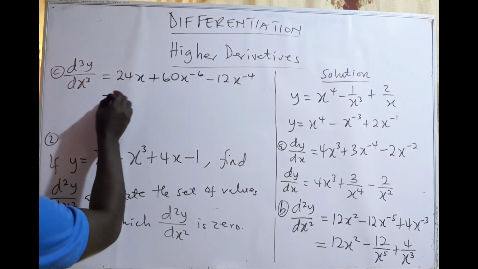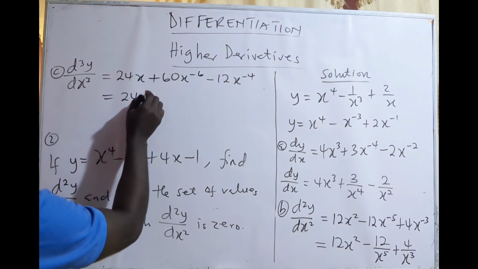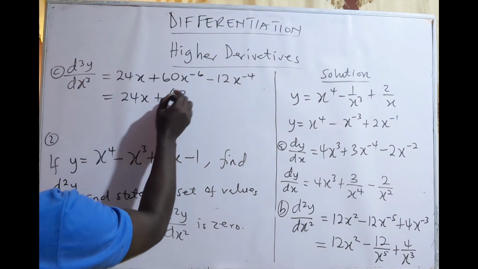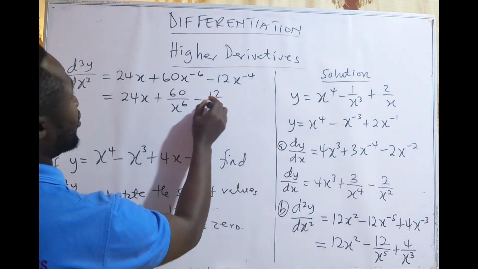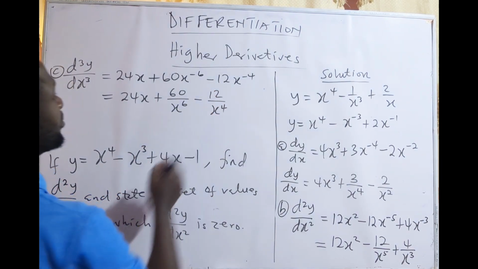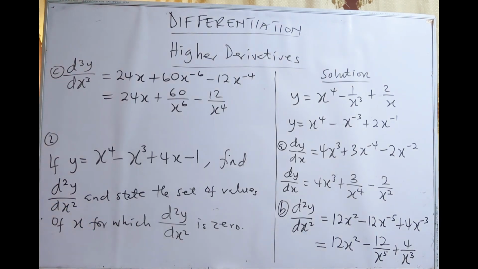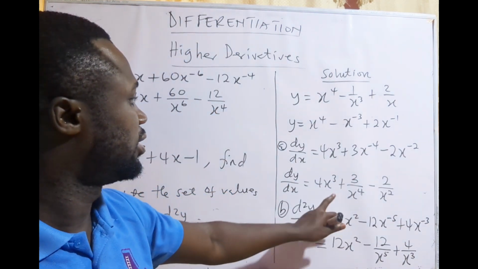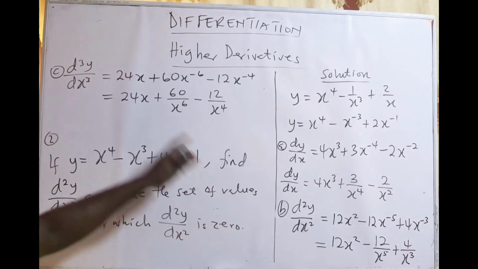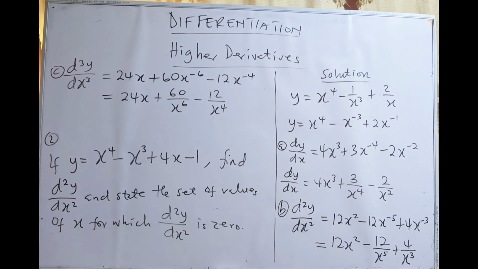So this can finally be written as 24x plus 60 on x exponent 6 minus 12 on x exponent 4. So this is about the higher derivative: the first derivative, then the second one, and then the third one. I know this is very simple to understand.